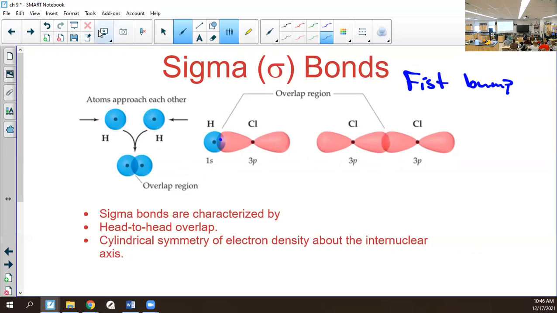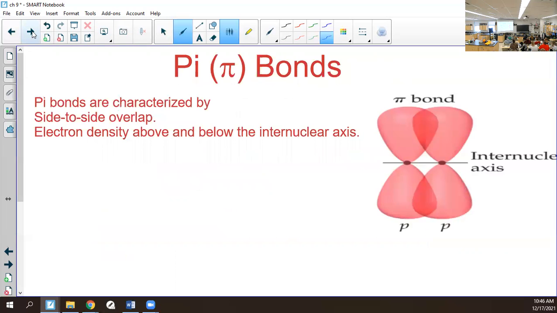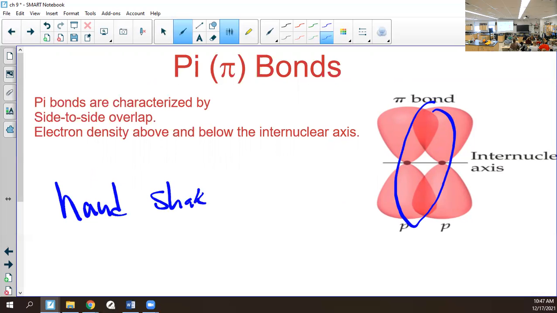Now, pi bonds are different, but it's okay. A pi bond is the side-to-side overlap of p clouds. And I like to refer to this as a handshake. I don't know if that will help you, but head-to-head overlap, like a fist bump; side to side, like shaking hands.